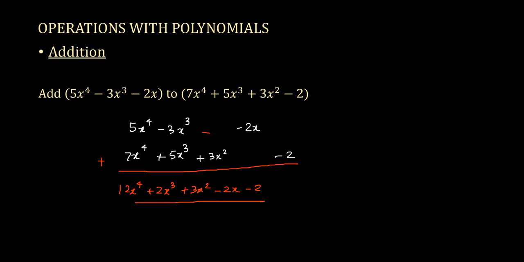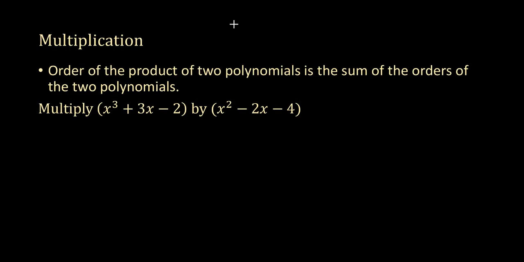Next, let us see what happens when we multiply two polynomials, right? It says that the order of the product of two polynomials is the sum of the orders of the two polynomials. For example, there is a polynomial x and I am multiplying this by x plus 2. According to the distributive law property of algebra, this will be x square plus 2x, right?